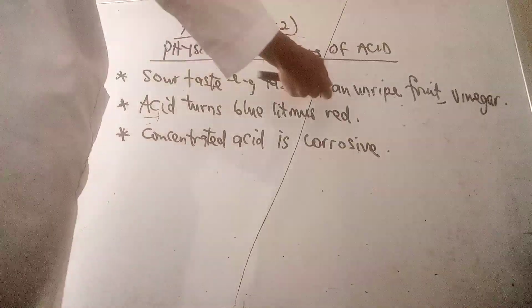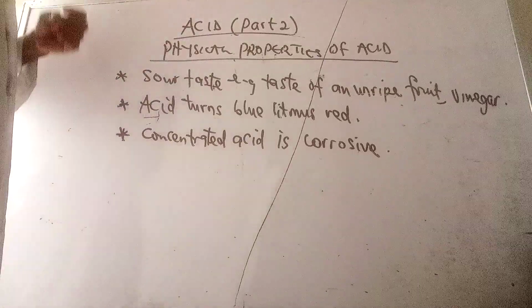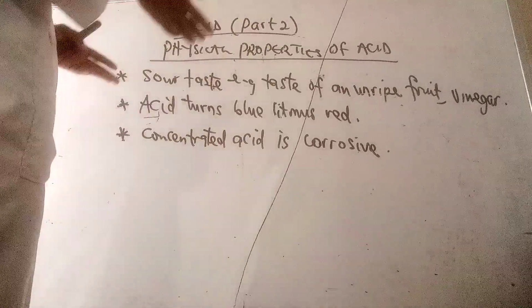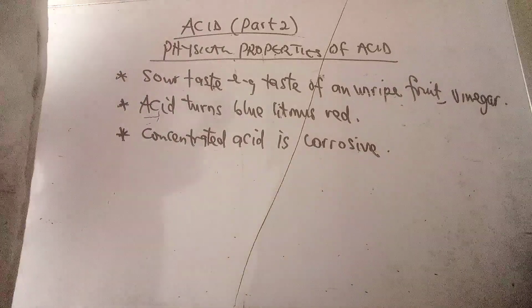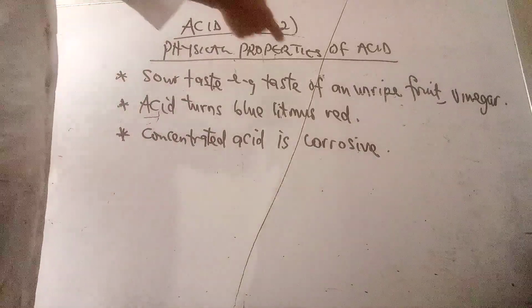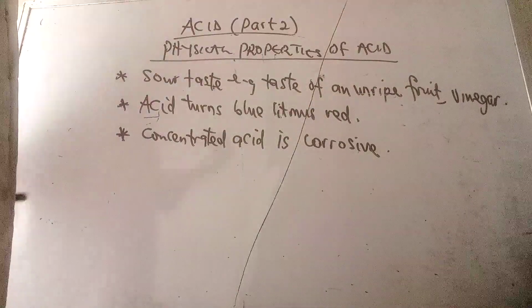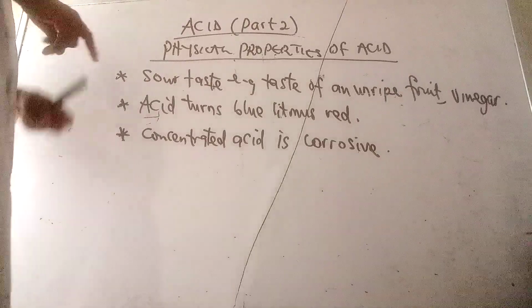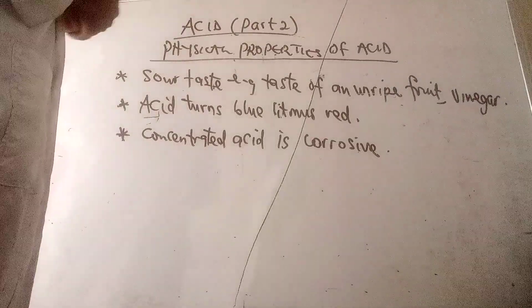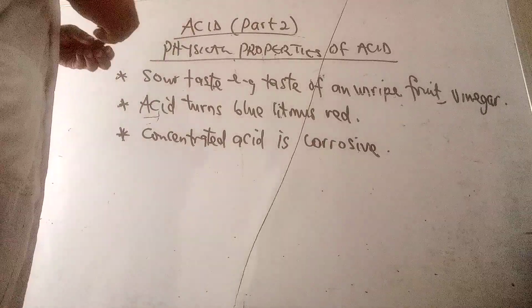When you taste an unripe fruit, you know that it will taste sour. That is to show that it contains what? Acid. But in the case of unripe fruit and vinegar, it is organic acid. As I mentioned in episode 1, part 1, organic acids are contained in natural plants and animals.